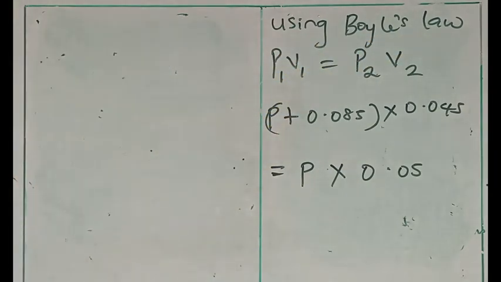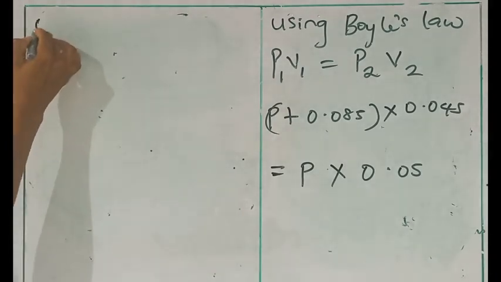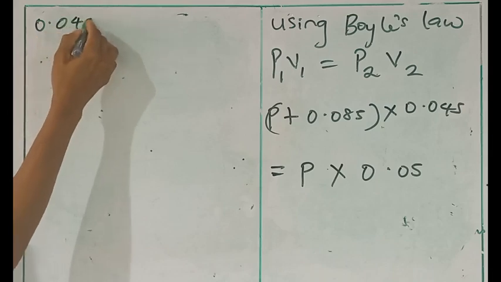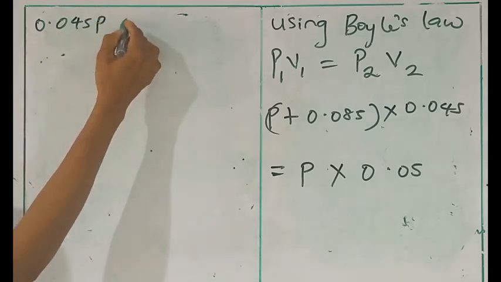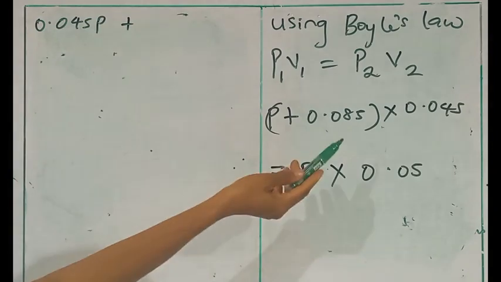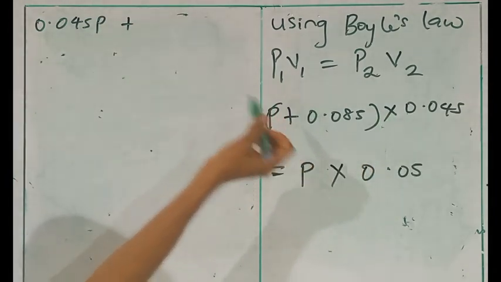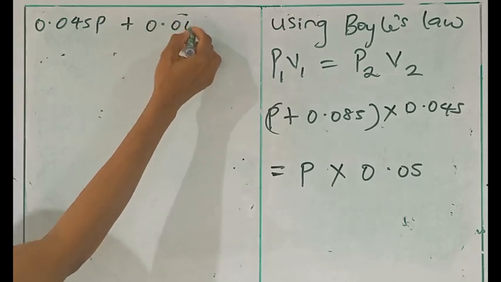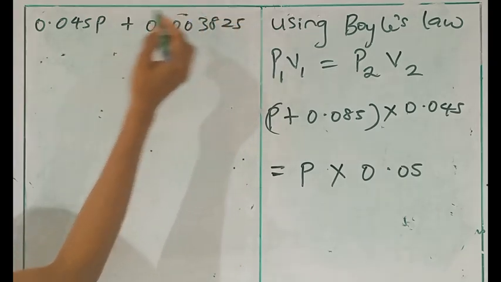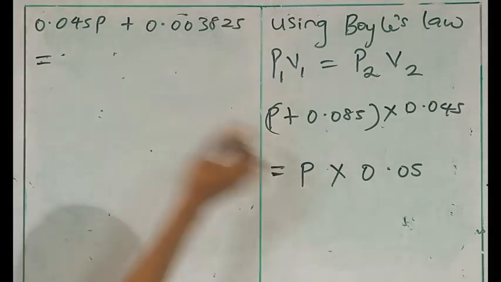So let's open up the bracket and have 0.045P plus, if we multiply this and this, we'll have 0.003825 is equal to, this time, 0.05P.